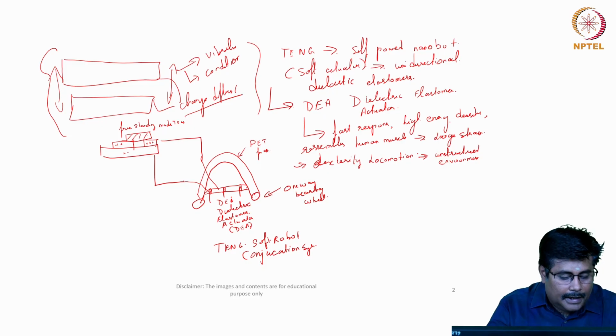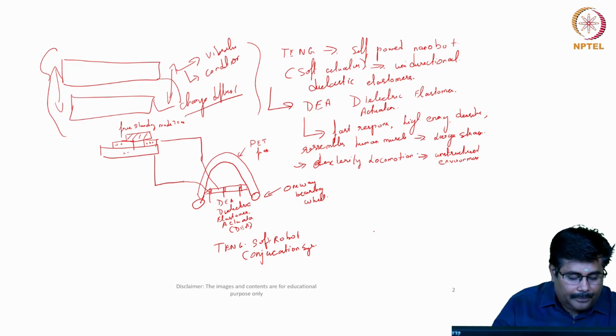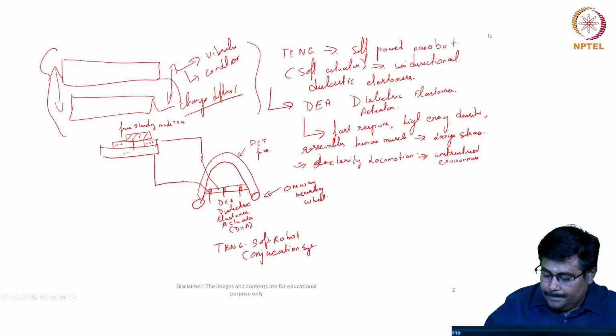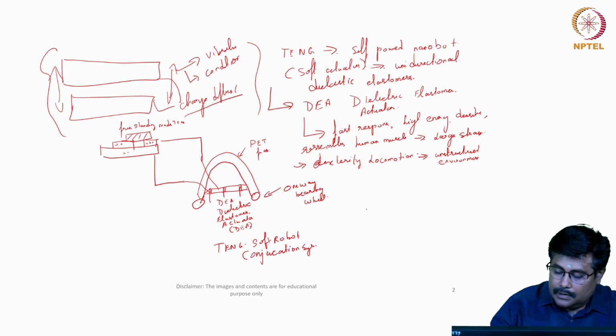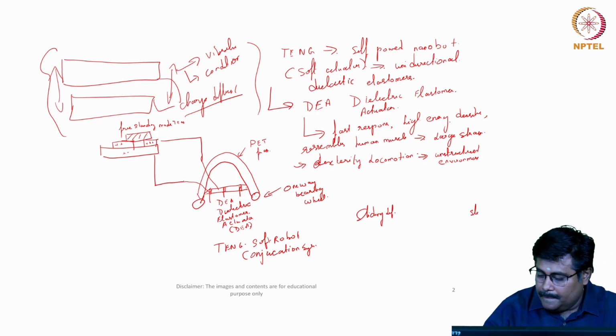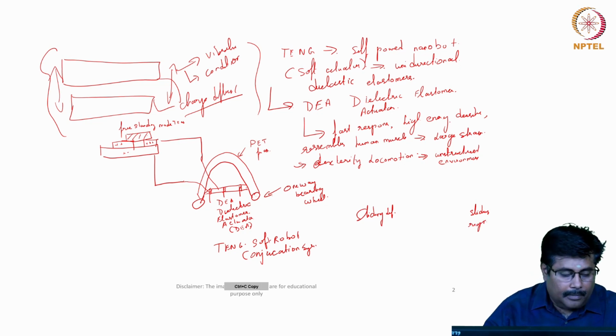When sliding the TENG voltage, we have 3-4 different configurations. One configuration is the sliding left and the sliding right mechanism.